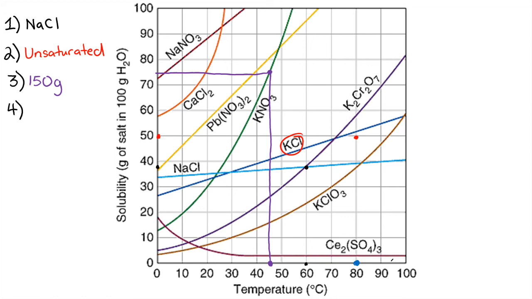Potassium chloride, again, is that dark blue line, meeting it here and moving it over, and it looks like it is 52 grams. But I need to multiply 52 by 1.5, and that gets me 78 grams.